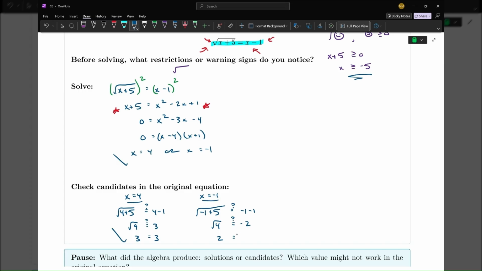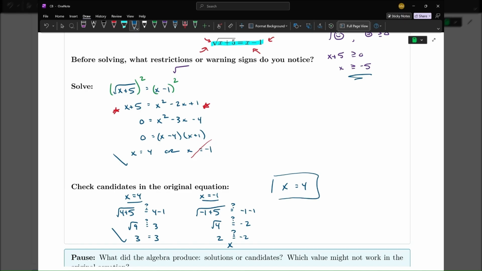Well, no. Root 4 is 2, and 2 is not equal to negative 2. So that's a rejection. What I would do then is go back up here and cross out that option, or you can rewrite it. So x is just 4. I'm going to drop the negative 1, and that's what we're going to box up.